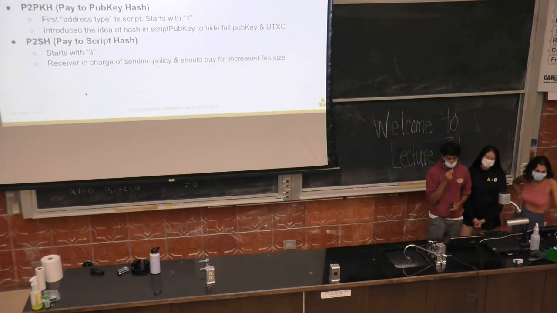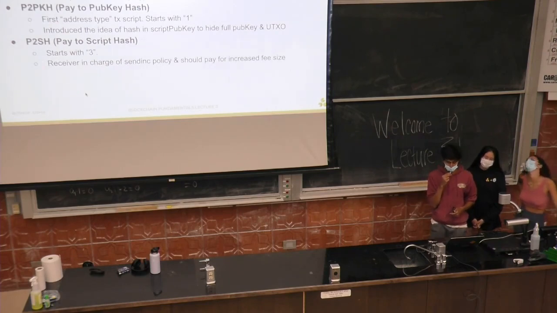So, scripts in action. The first Bitcoin script was pay to public key, and was brought by Satoshi, which would send directly to someone's public key. And then later we had, these three are the most important. There's other scripts that have now come into place with SegWit, but that's not super important for the sake of this lecture.